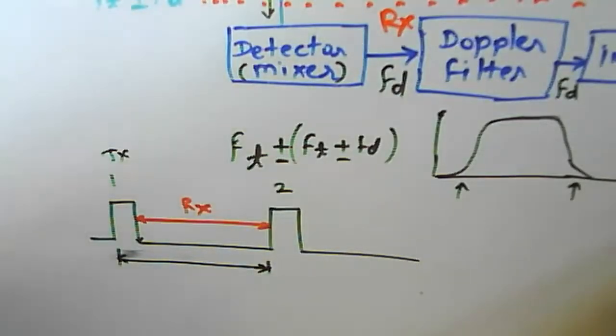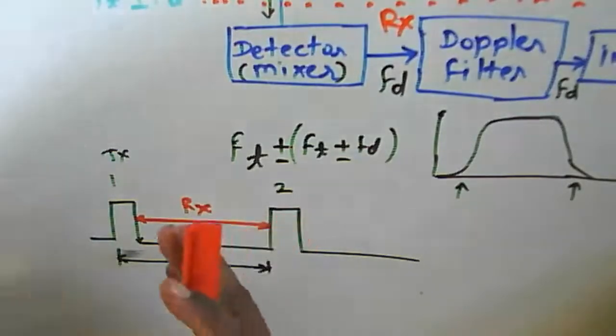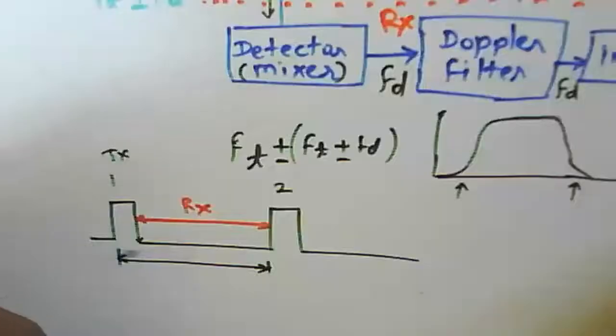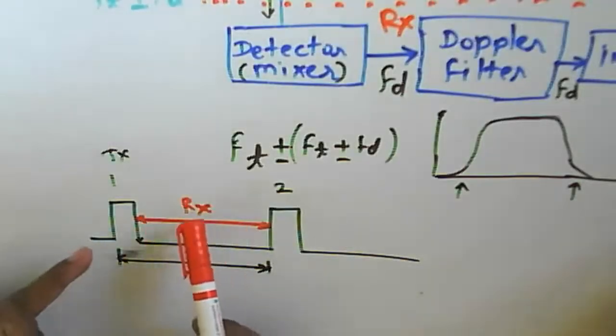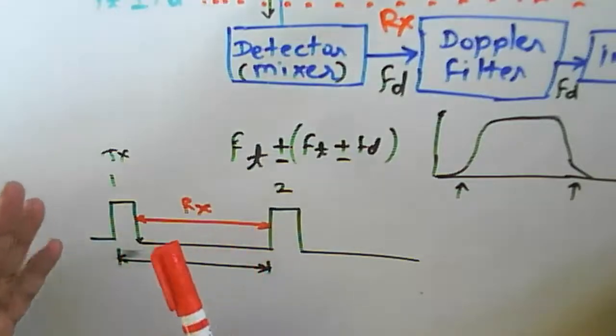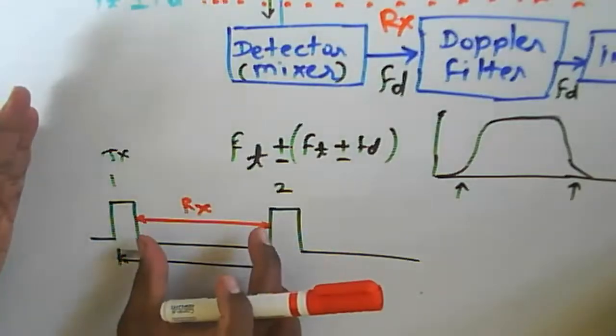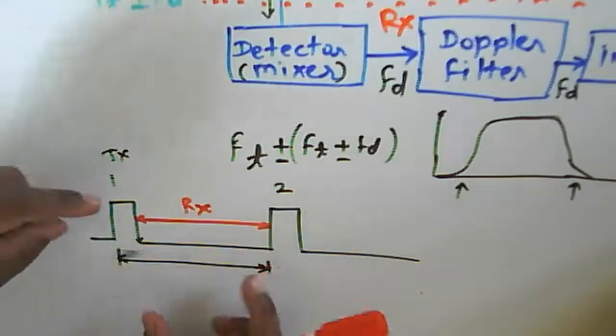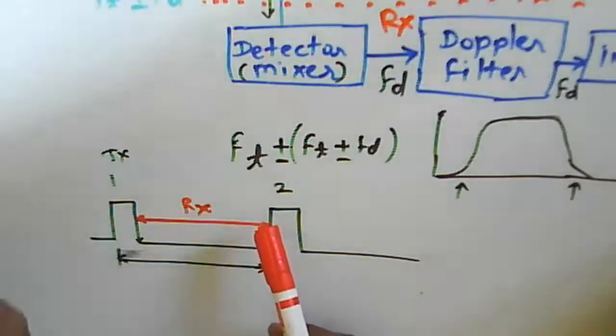But every device has some limitations, whether it is a pulse radar or a CW radar, regarding noise and so on. The target is to be within a particular range, within this particular time, meaning your echo signal is to be received before sending the second pulse.